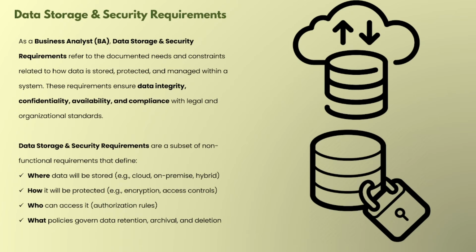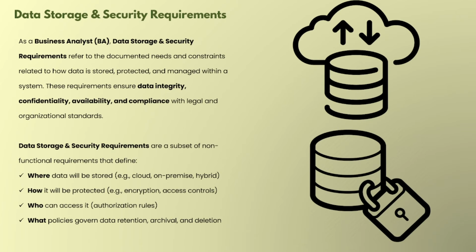Well, in short, as a BA, we need to make sure the system keeps data safe and organized. Like locking important files, making sure only the right people can see them, then following rules so nothing gets lost or stolen, because data of customers is invaluable. Practicing such things helps keep data correct, private, and available whenever needed.